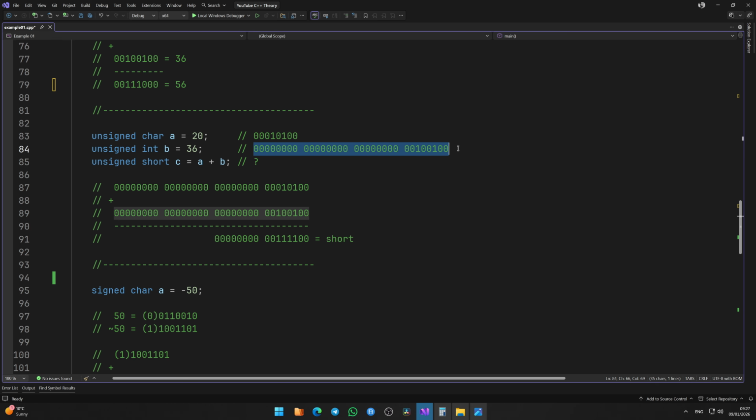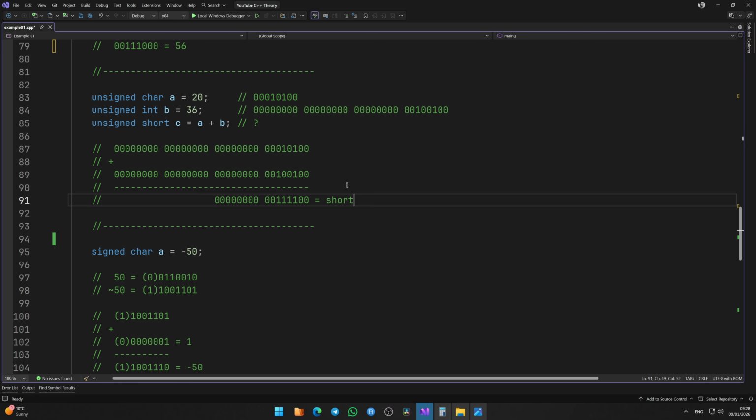In binary form, the new bytes just get filled with zeros. Then the 2 numbers are added together and the result, which takes up 4 bytes, gets compressed into 2 bytes. How? Simply, the left 2 bytes are cut off. The remaining 2 bytes fit into the short type. The same process applies to all other integer data types when performing mathematical operations on them.